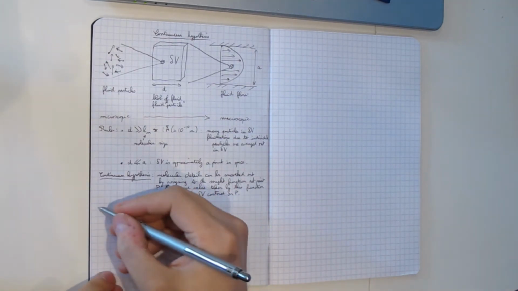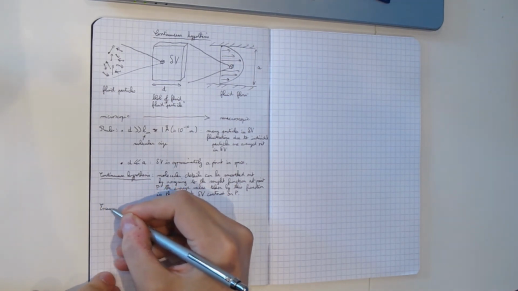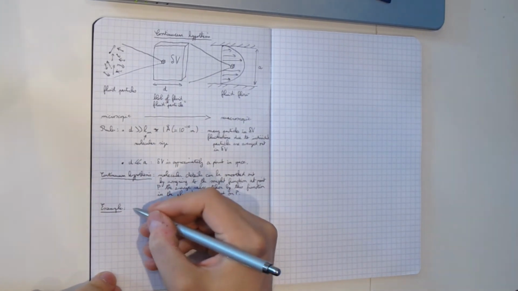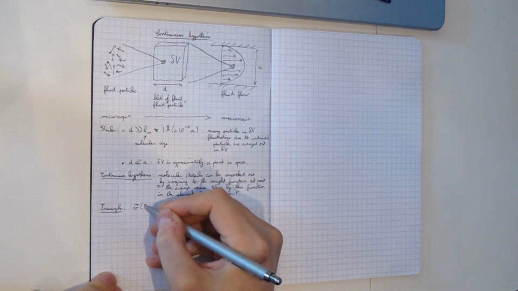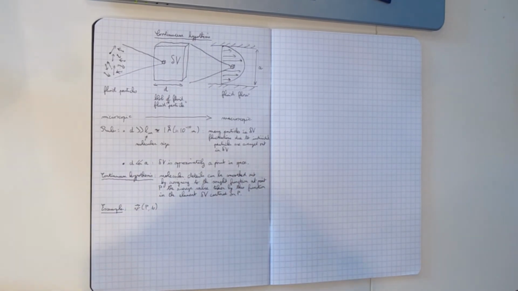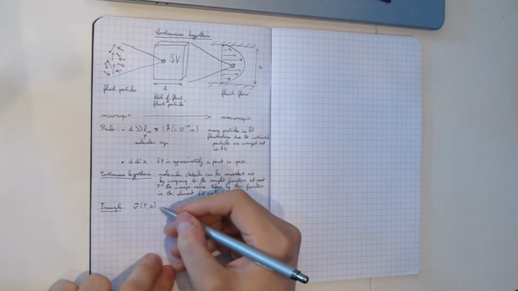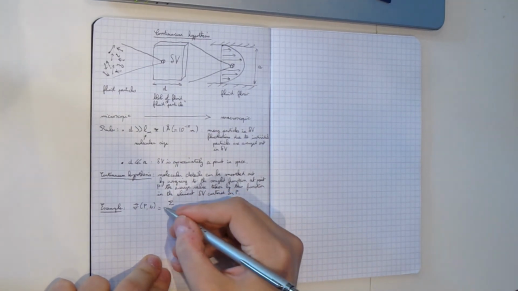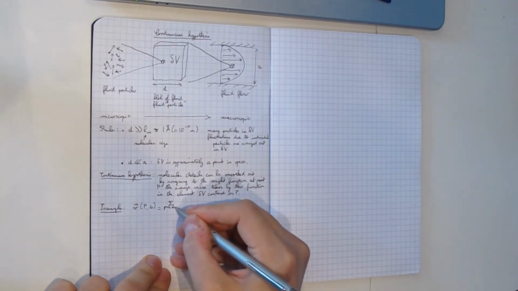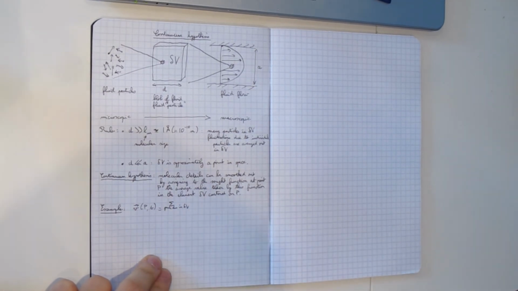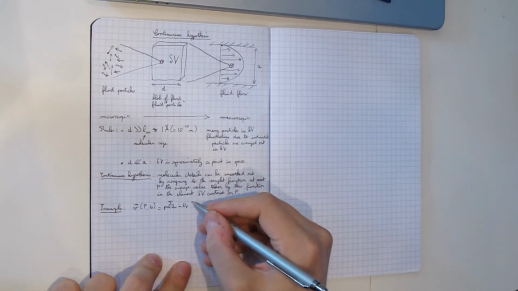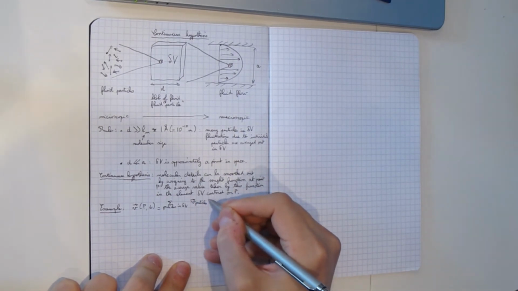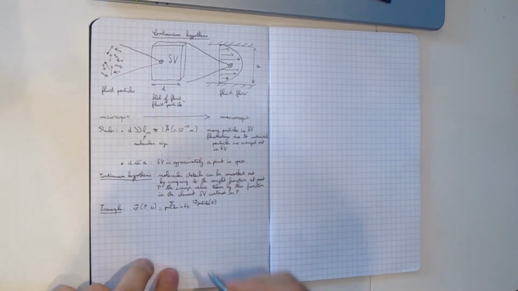So, for example, we can say that the velocity at point P, as a function of time, will be equal to the sum over all the particles in delta V of the velocity of the particles, which is a function of time, of course.